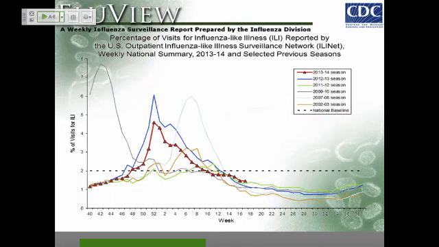So this was October, November, where you're getting the big peak of hospitalizations, as opposed to, again, a normal year. Sometimes it's late. So here we are out in week 8, which is the end of February, beginning of March. Some years, 2007, 2008, almost all the hospitalizations were there. So it's not too late to get vaccinated, is the basic take-home message here.